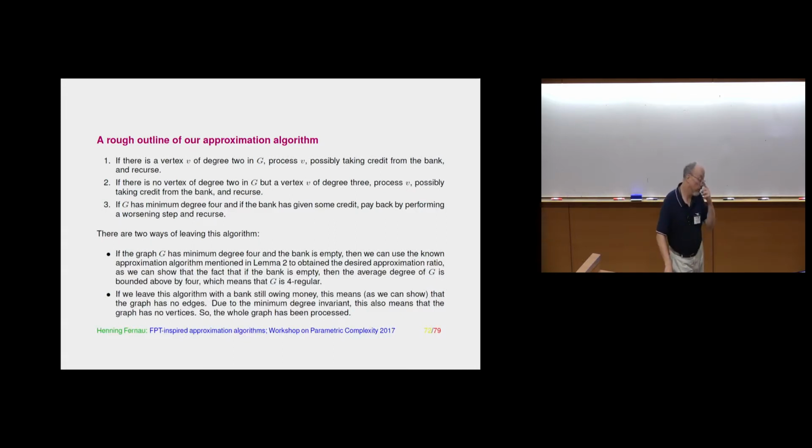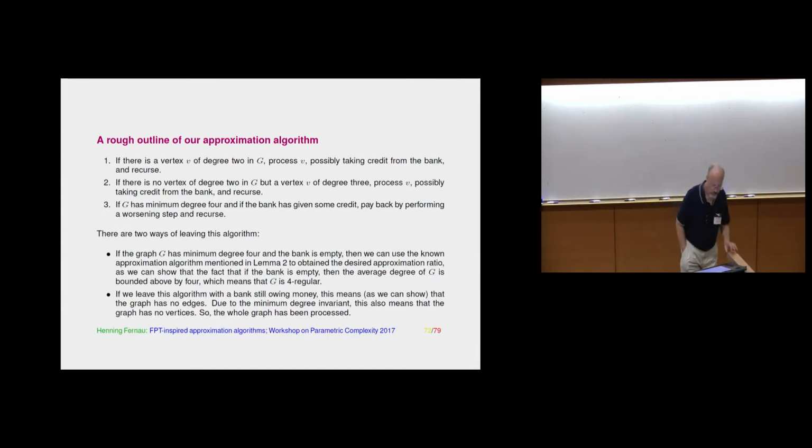So in general, we will have really high degree vertices, but these are really nice for these worsening steps because they allow us to take out lots of vertices and edges with 2 vertices. So that's why this whole story works in the end of the day.